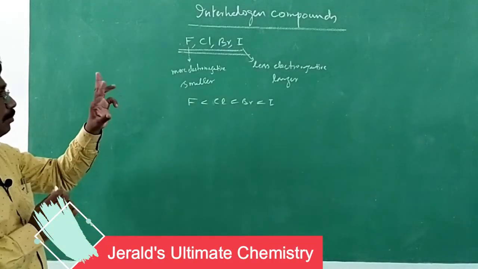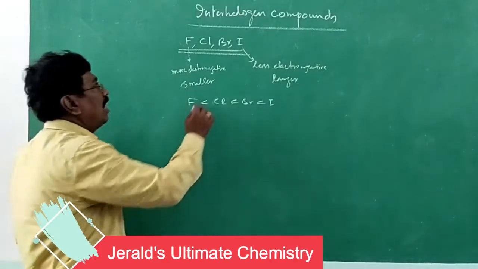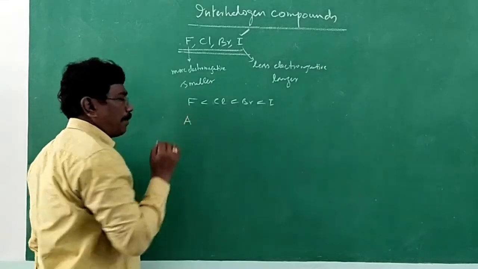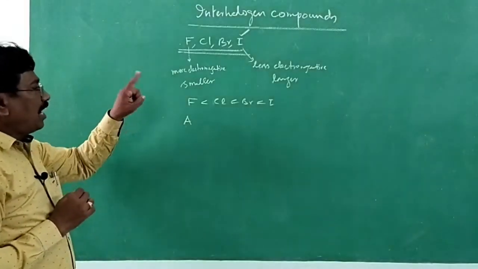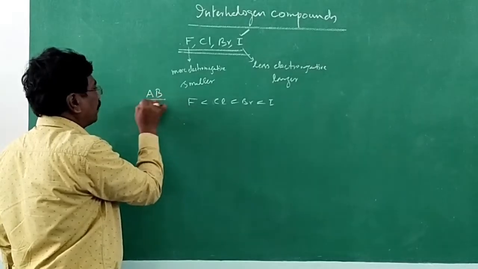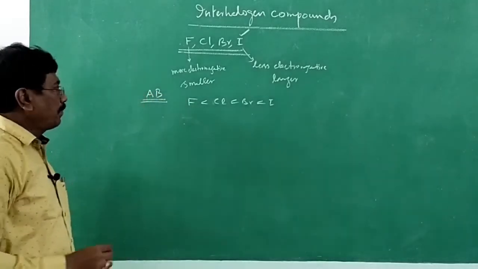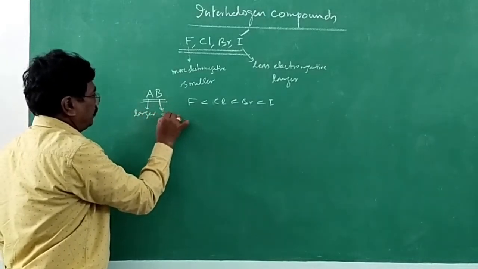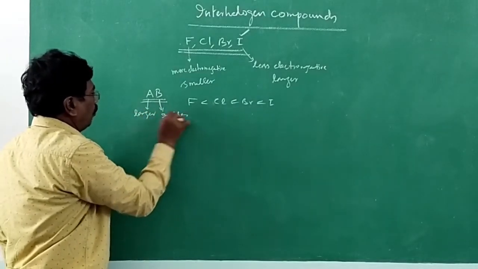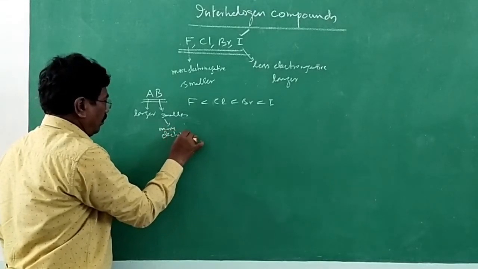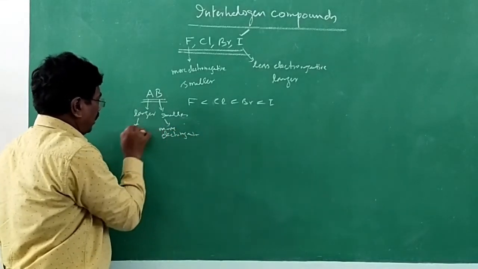When interhalogen compounds are formed, usually the larger atom forms the central atom. Let us designate the larger atom by A and the smaller atom by B. So interhalogen compounds are found between A and B: larger, smaller; more electronegative, less electronegative.